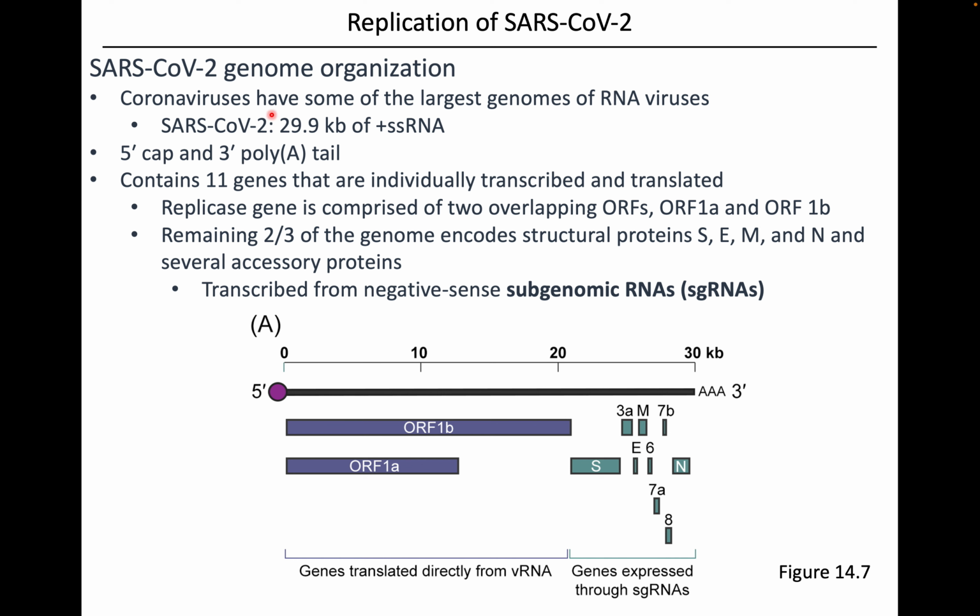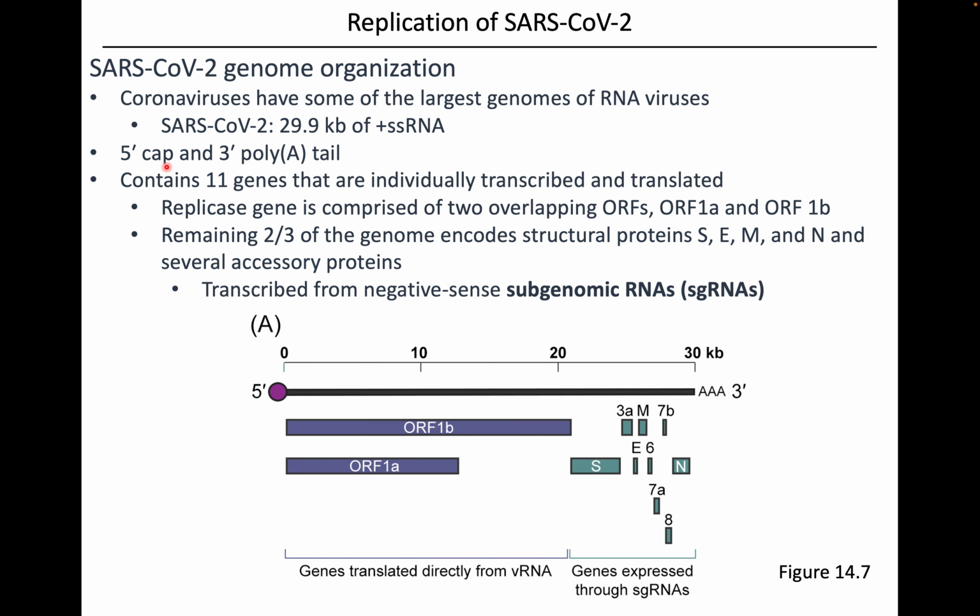In terms of the genome organization, again, things get a little bit complicated. You have a large genome, 30,000 nucleotides. Remember, this is a positive sense RNA virus, which can, theoretically act as messenger RNA and be translated directly.